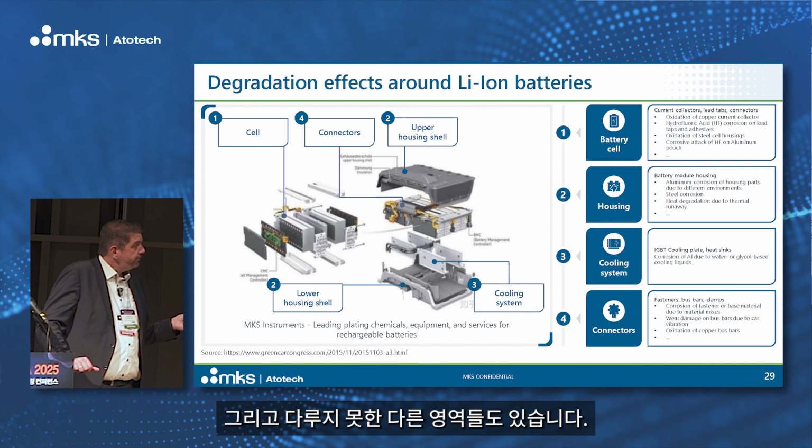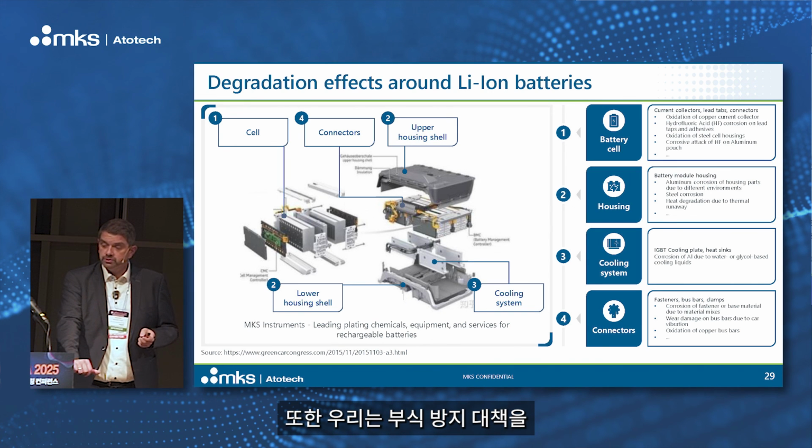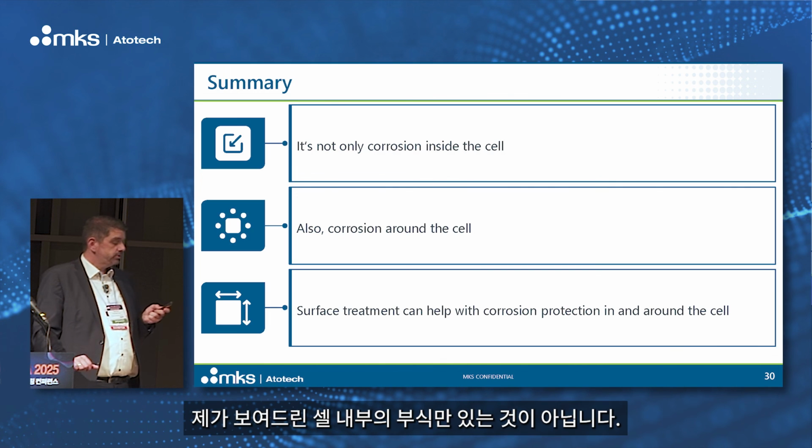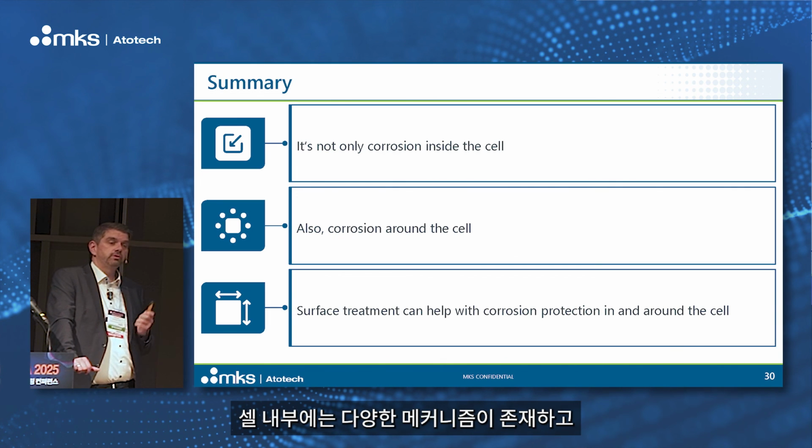And there are some other fields I didn't touch, where we also need to consider corrosion protection and surface treatment. There's not only corrosion inside the cell, as I showed you, with different mechanisms inside the cell.